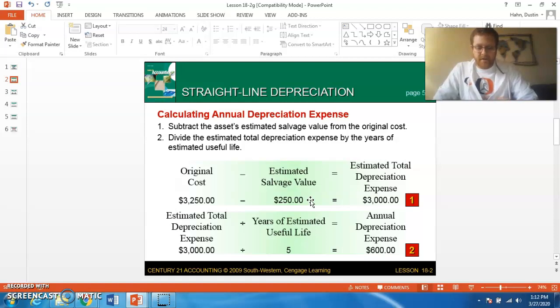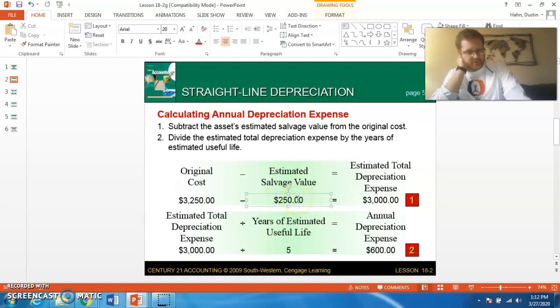They're still going to pay us some amount for the rest of the car. So let's say that when we take the car to the junkyard at the end of its life, the junkyard still pays us $250.